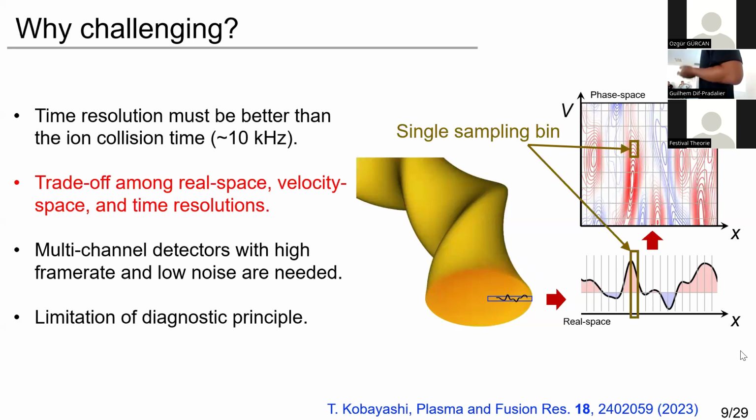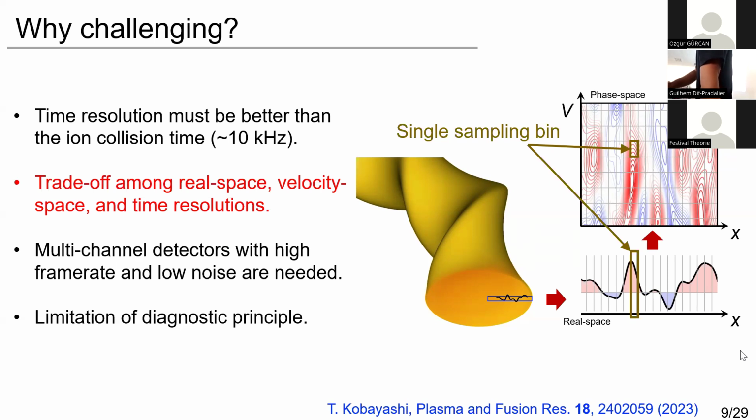In order to make it a phase space diagnostic, we have to extend an additional axis in the vertical direction of this figure, and we have to distribute the signal intensity in the sampling bin into the additional coordinate, which makes the signal intensity in a single sampling bin smaller and smaller. This makes the diagnostics very difficult. To have a meaningful measurement, we have to somehow give up resolution, for example in velocity space, real space, or time, to get high enough signal intensity. This we call the trade-off.